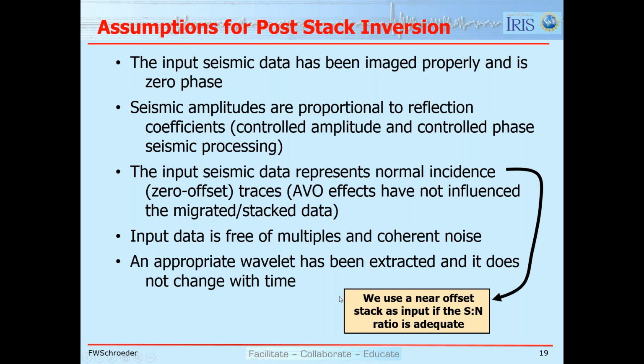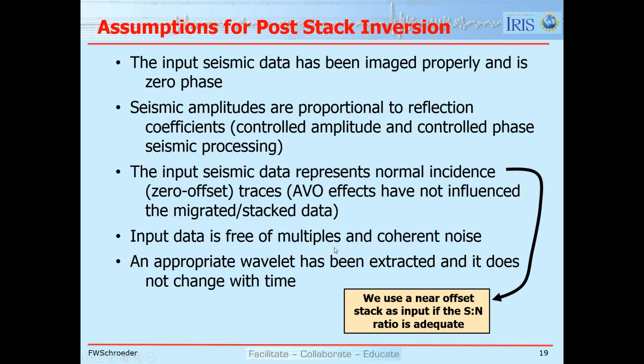In order to compensate for this assumption that it's normal incidence, if we have an area where we do have AVO effects, we'll do the inversion on the near stack so that we don't get as much of an impact of amplitude versus offset. And that assumes that the near stack has enough signal and noise that we get good quality data.